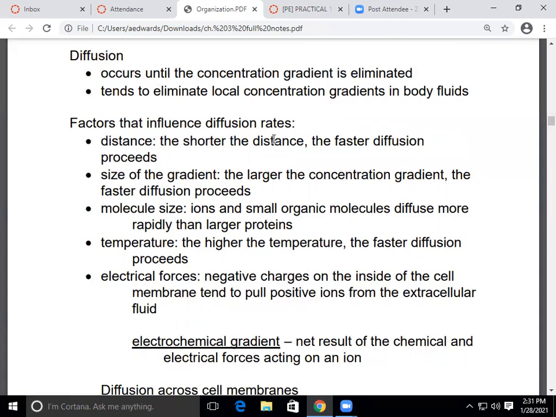Size of the gradient. You have a bigger concentration gradient, you have faster diffusion, because basically, it's kind of an urgency. When you have a bigger concentration gradient, you've got more pressure. So you're going to have faster diffusion when you have a bigger gradient. Okay, so molecule size. Ions and small organic molecules are going to diffuse more rapidly than larger proteins.